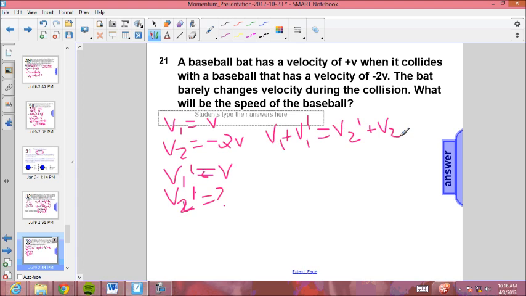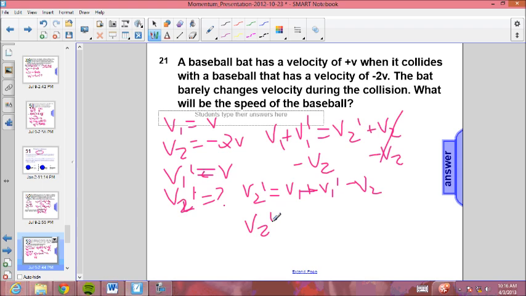So now, again, we would subtract v2, and we would get v2 prime equals v1 plus v1 prime minus v2. Plug our numbers in, and we get v plus v minus negative 2v, which becomes a plus sign. So v plus 2v is going to give us 4v.